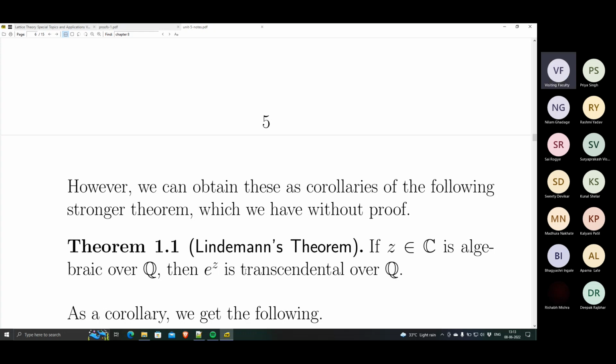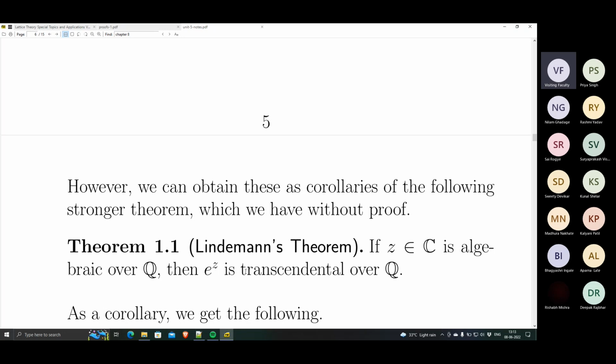So think of it this way. Think of an element algebraic over Q as an easier, less complicated element. But transcendental elements are elements which are not algebraic. They are not roots of any polynomial of any finite degree.